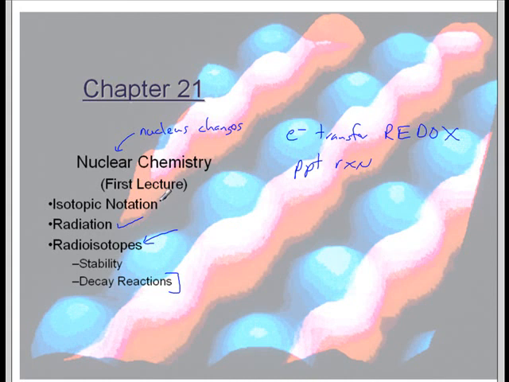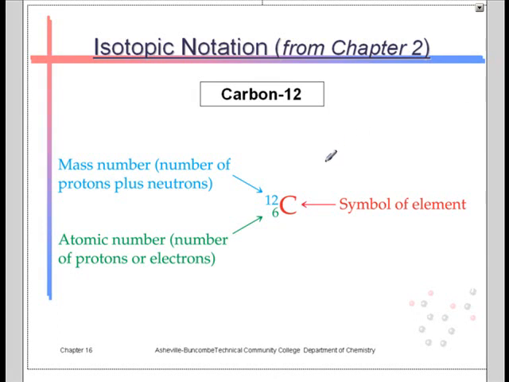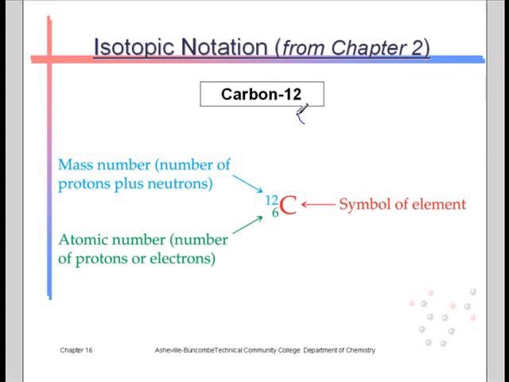Now, to set the stage for this conversation, I want to review a couple of topics in the first few slides from Gen Chem 1. The first topic I want to review is isotopic notation. There are two different ways to describe an isotope, and I'm going to use either one of these.